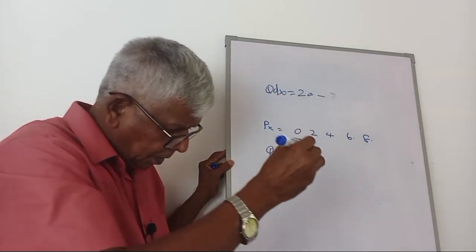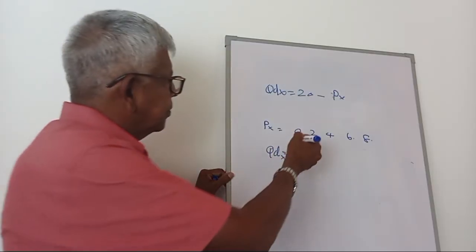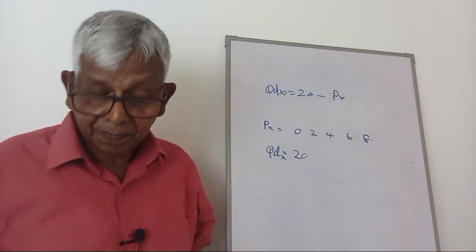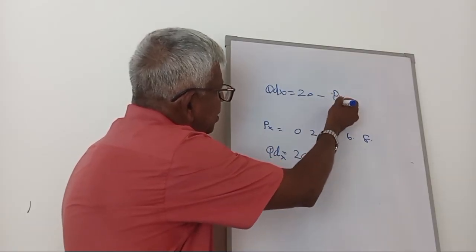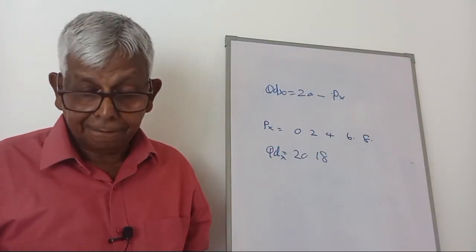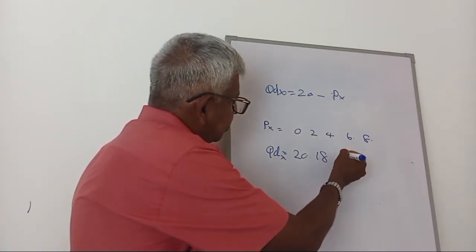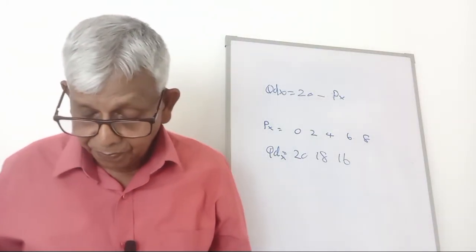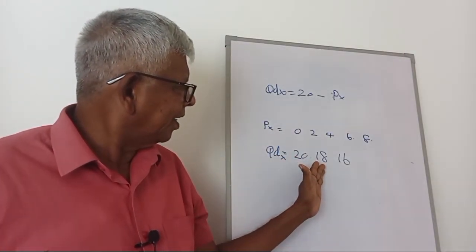So at price 0, quantity QDX is 20. At 2, we can calculate 20 minus 2, which is 18. At 4, 20 minus 4 is 16. So this is very clear.